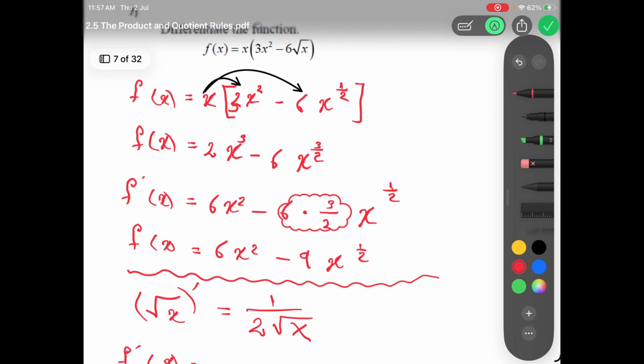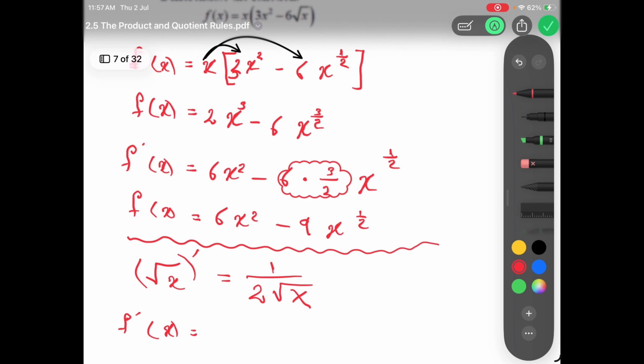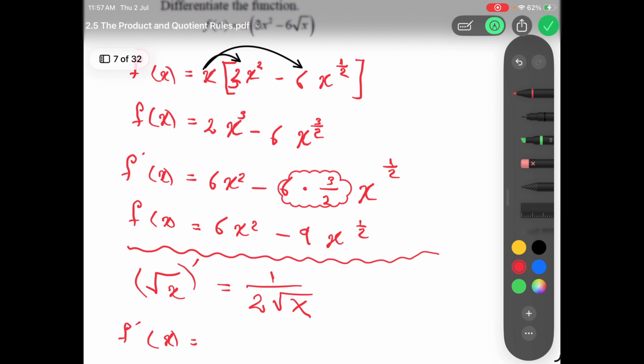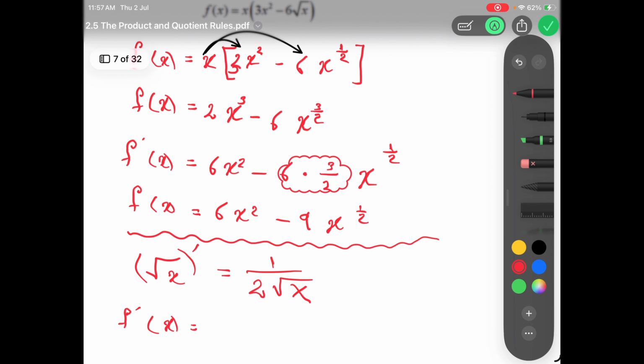So the first one here is x times 3x squared minus 1/2 by 6, it will be 3 x to which power?